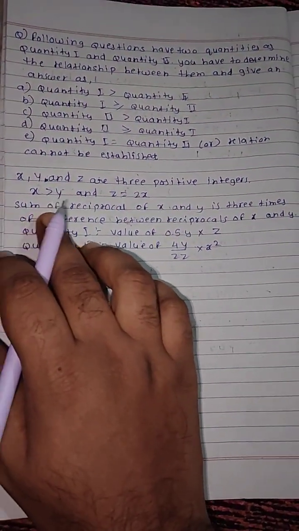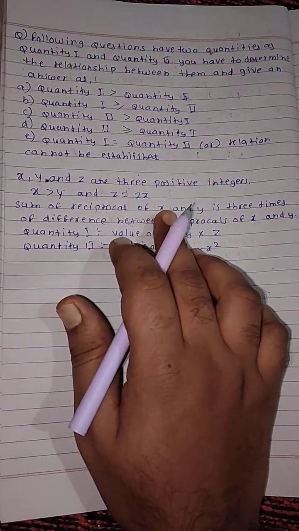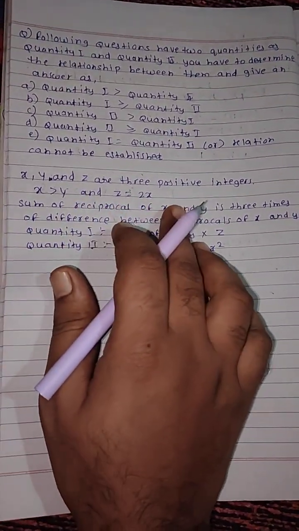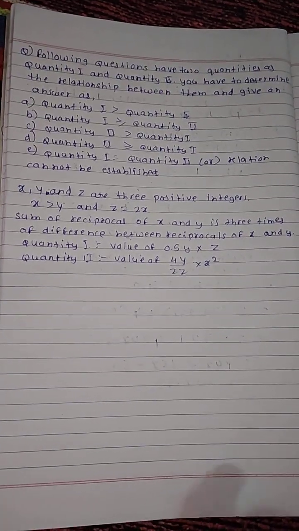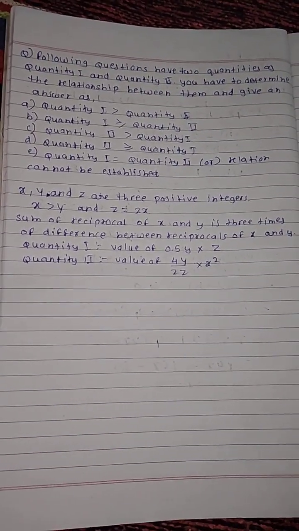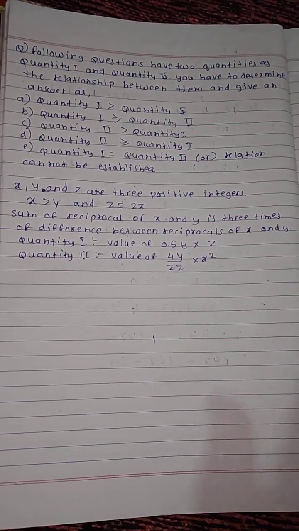Next they have given the sum of the reciprocals of x and y. If it is x, 1 by x is the reciprocal of x, and for y, 1 by y is the reciprocal. If we reverse a number, it will be the reciprocal. If 3 is there, it is 1 by 3.